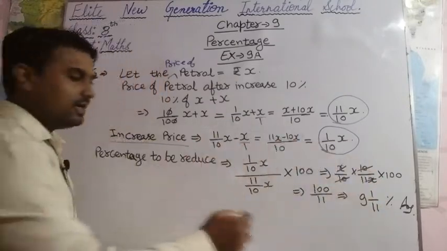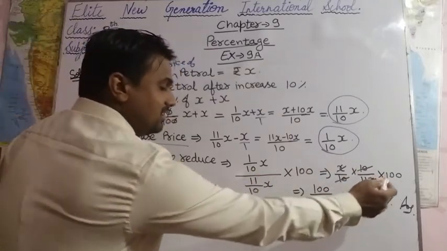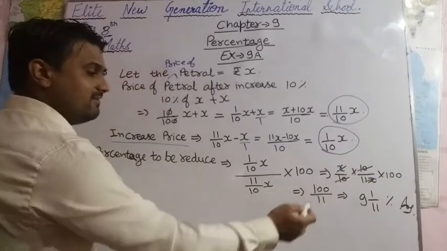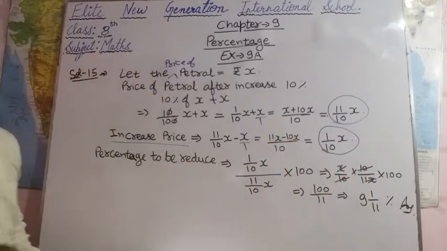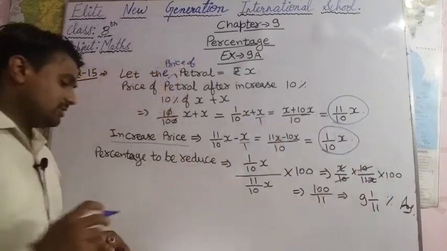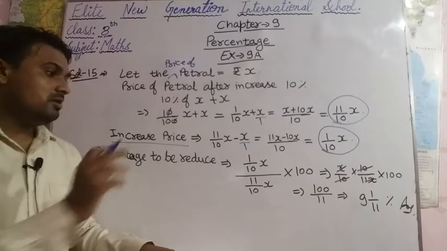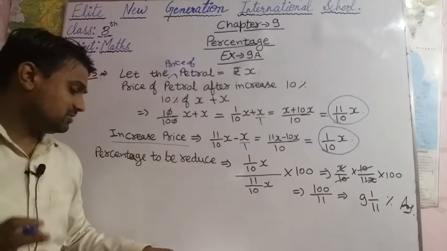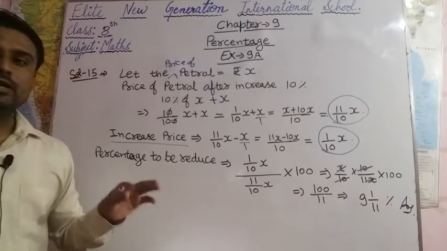The 10 will cancel, and x will also cancel. Now here it will be 100 upon 11, so 100 upon 11 is 9 whole 1 upon 11. So the percentage will be 9 whole 1 upon 11%. So we can say that a motorist must reduce his consumption by 9 whole 1 upon 11% so that the expenditure will be unchanged.